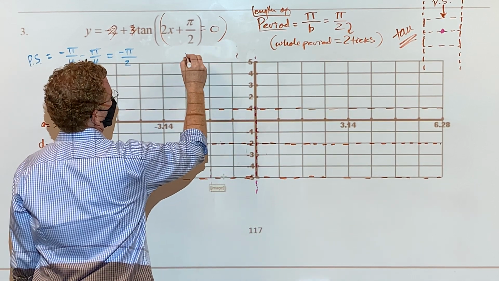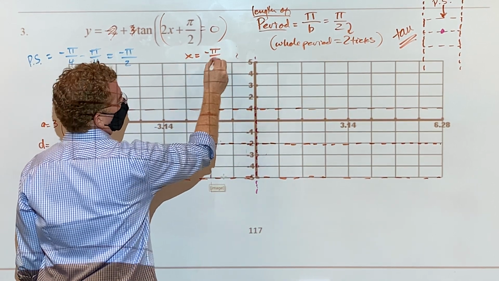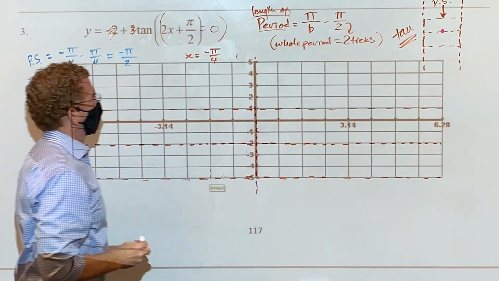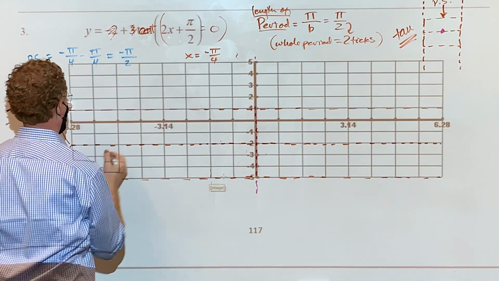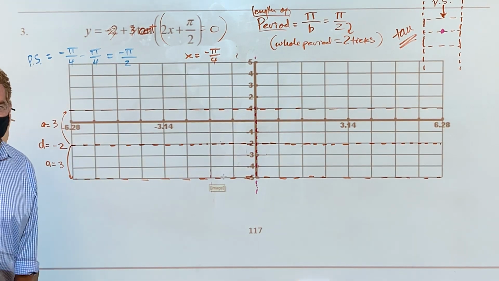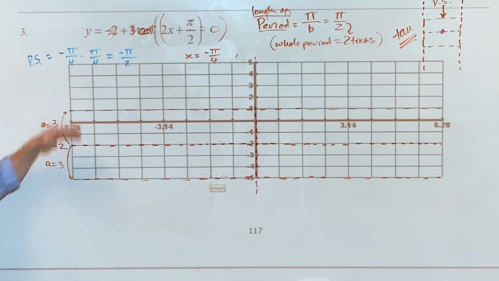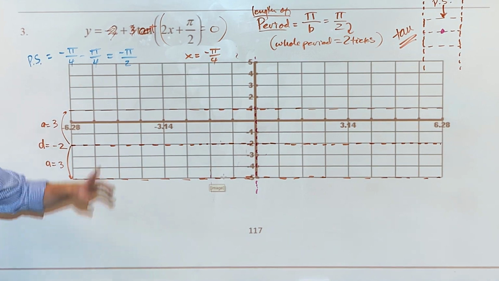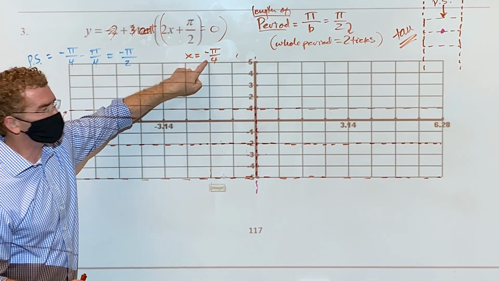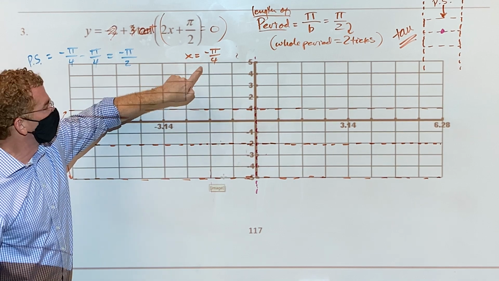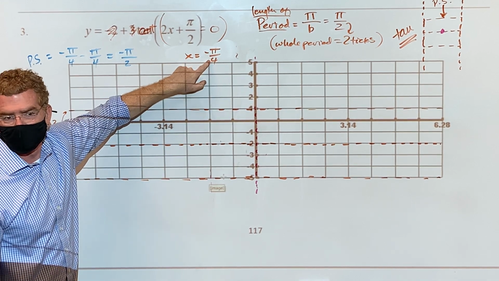We said the phase shift was negative pi over 4, and you found the period was half a pi. If this was a cotangent, would the D value be any different? No. Would you mark the A values any different? No. Would you find the value of the phase shift any differently? No.